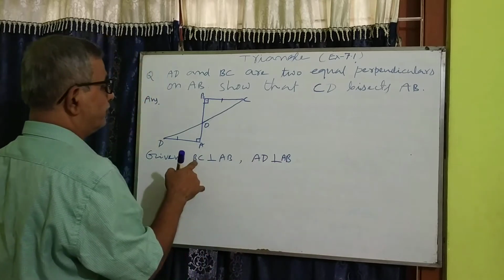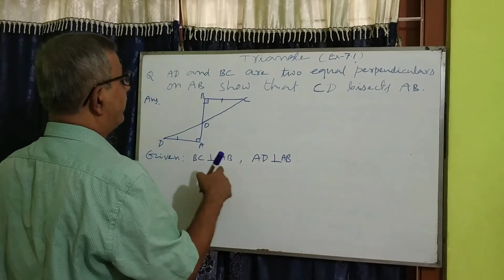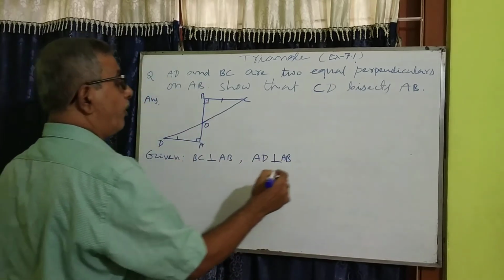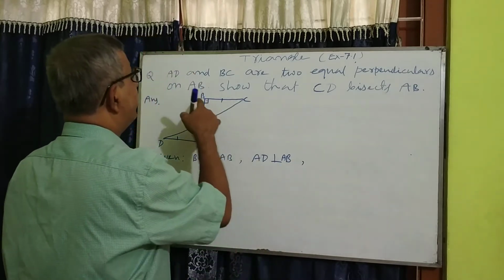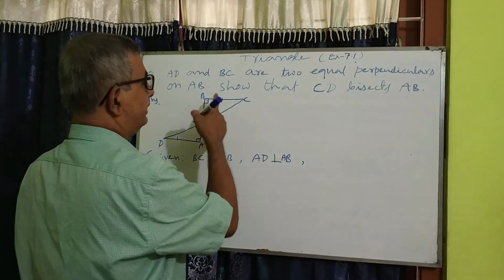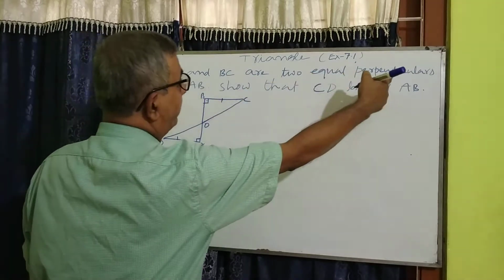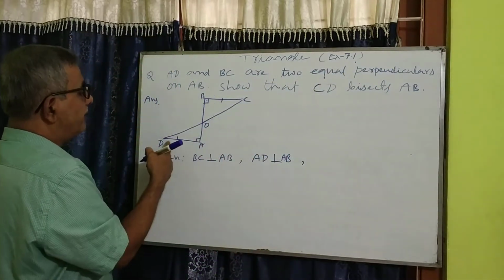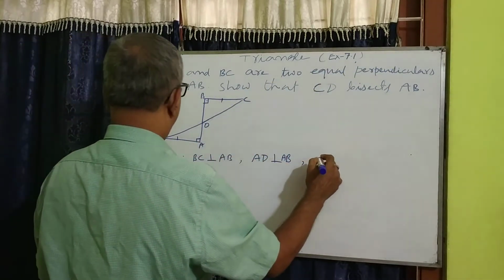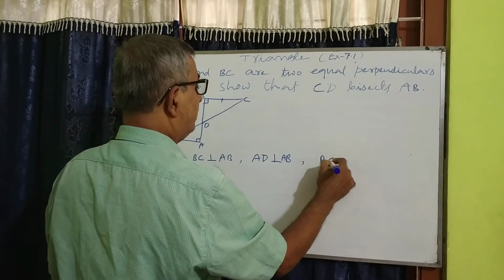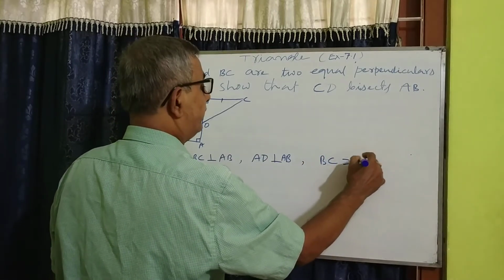So you understood, BC and AD both are perpendicular to AB. One more thing is given. BC is equal to AD. It is given equal perpendicular. This perpendicular and this perpendicular are equal. BC is equal to AD.